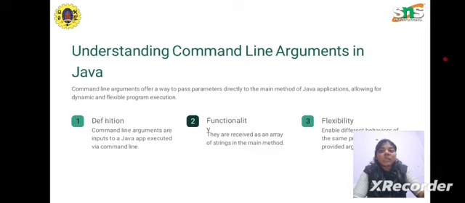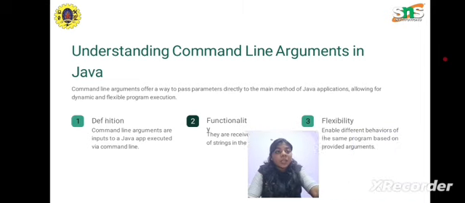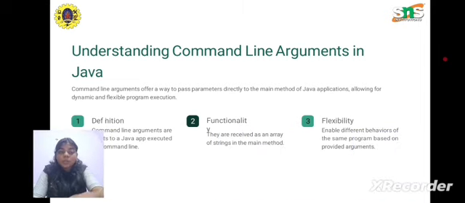For example, args[0] will contain the first argument and args[1] will contain the second one, so those positions have been saved there. And finally, depending on the input, the program can behave differently. This means that the same program can run in multiple ways based on what the arguments are. So there is flexibility here, as it enables different behaviors of the same program based on the provided arguments.